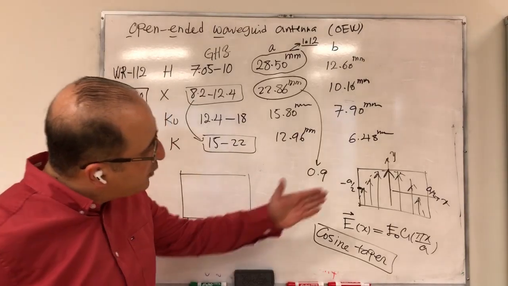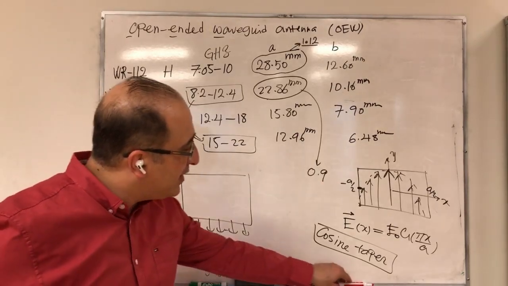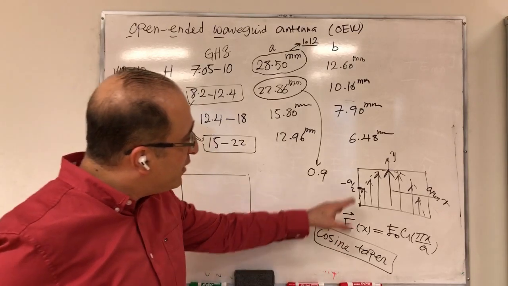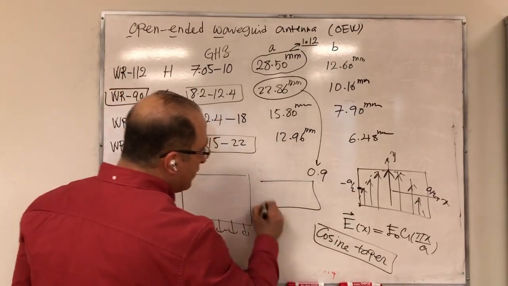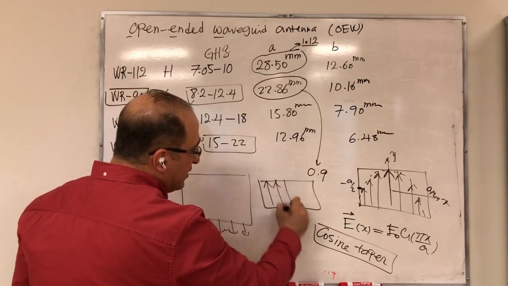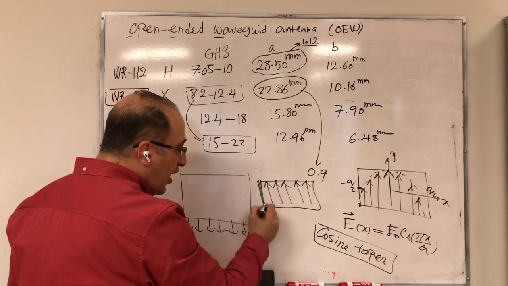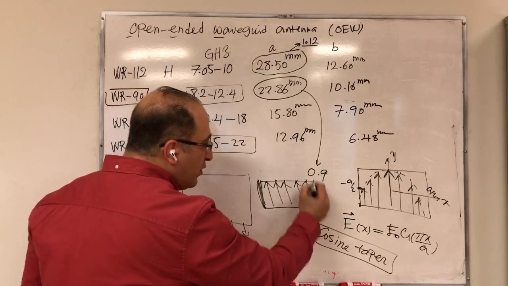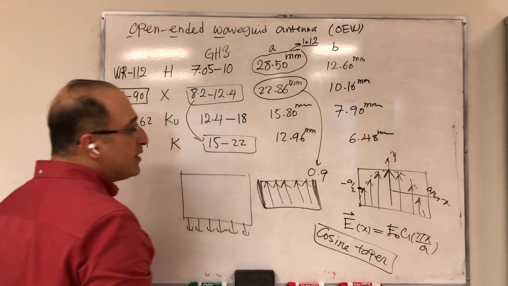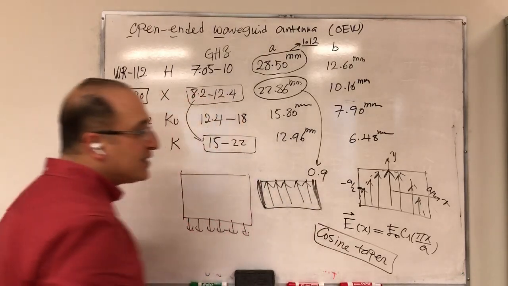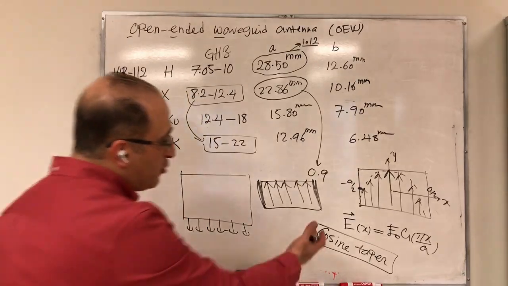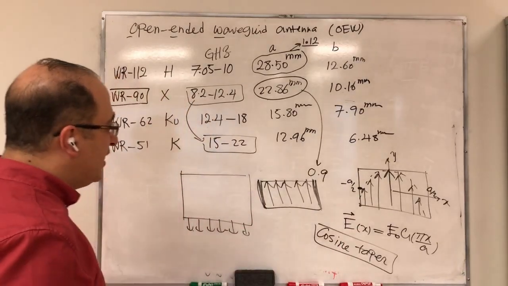So if I want to elaborate on this a little bit, if it was uniform, it would have been like this. But then this is not possible because on this wall and this wall, this electric field needs to go to zero, and that's why we have this cosine taper situation here.